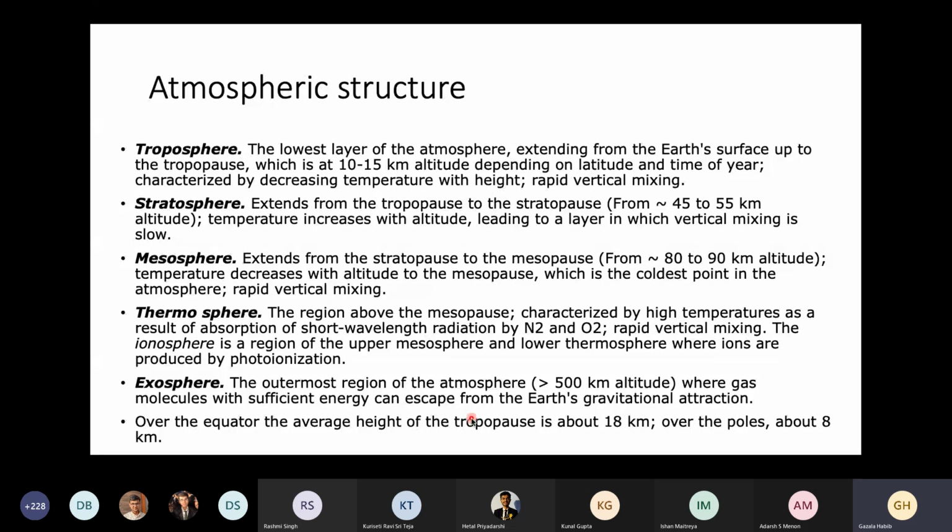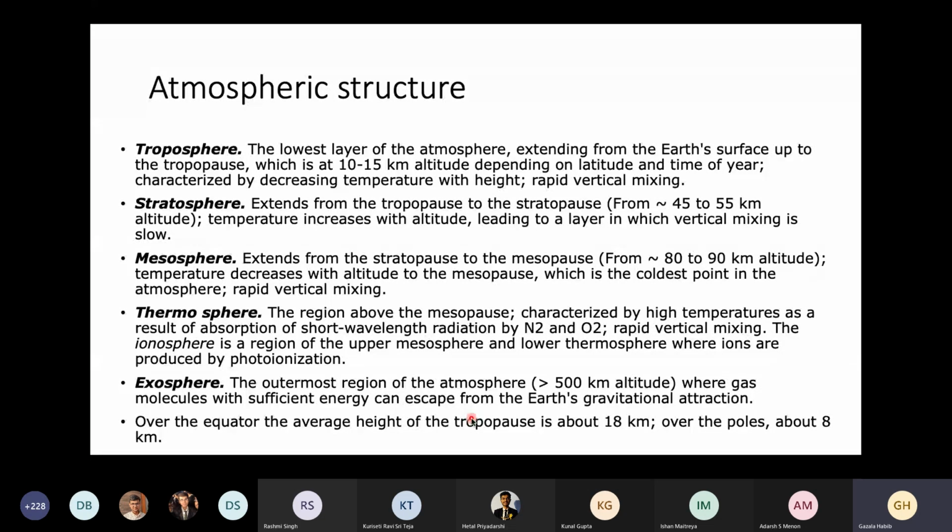See, the composition of these layers, in the tropopause only, is very complex. It has all kinds of pollutants. We know it's basically oxygen and nitrogen, mainly 79% nitrogen and 21% oxygen.